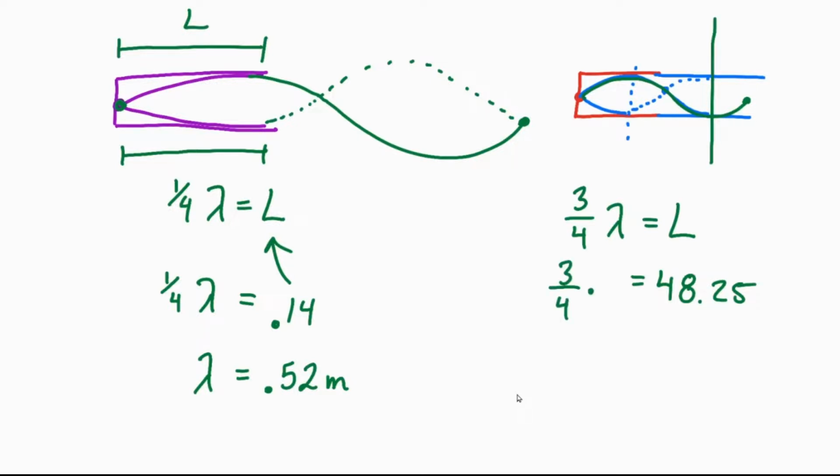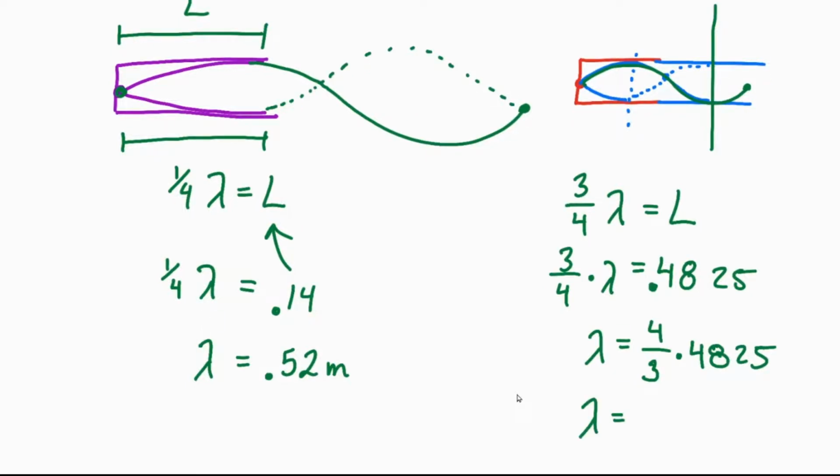And I then was able to solve for my wavelength. So my wavelength then is 4/3 times the 48.25. And so that gives me a wavelength of 0.64 meters, which is actually pretty close.